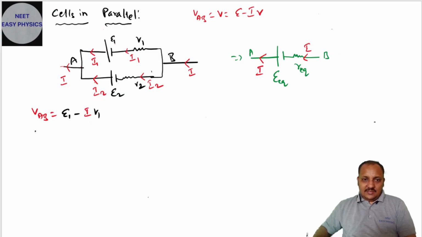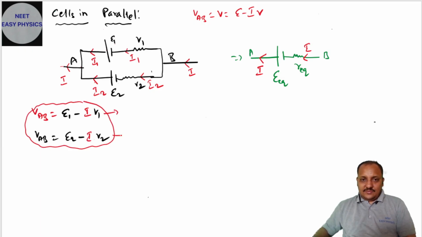Like that, VAB for the second cell is E2 minus I2 R2. Two formulas we wrote. Next, VAB is equal to E equivalent minus I into R equivalent.